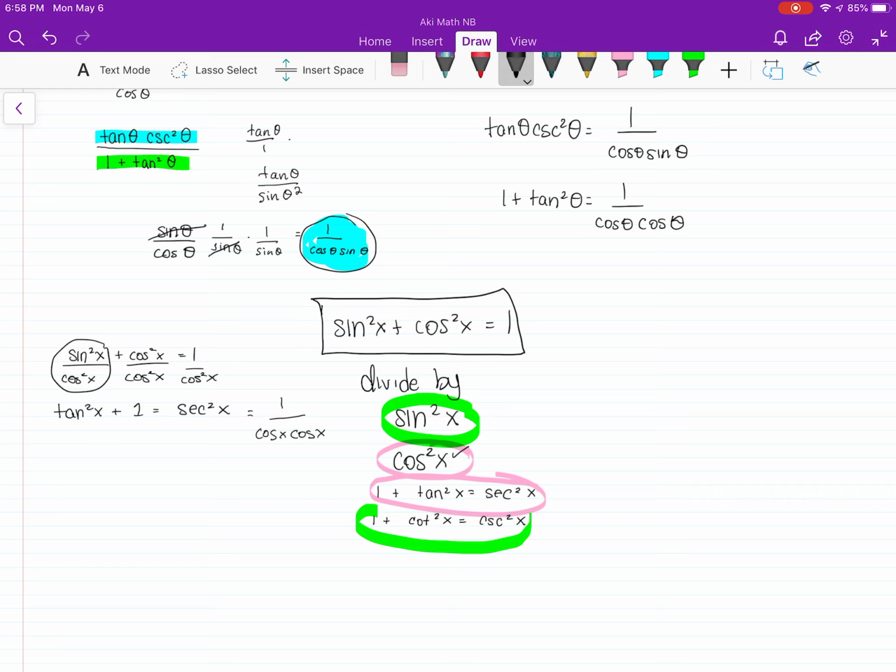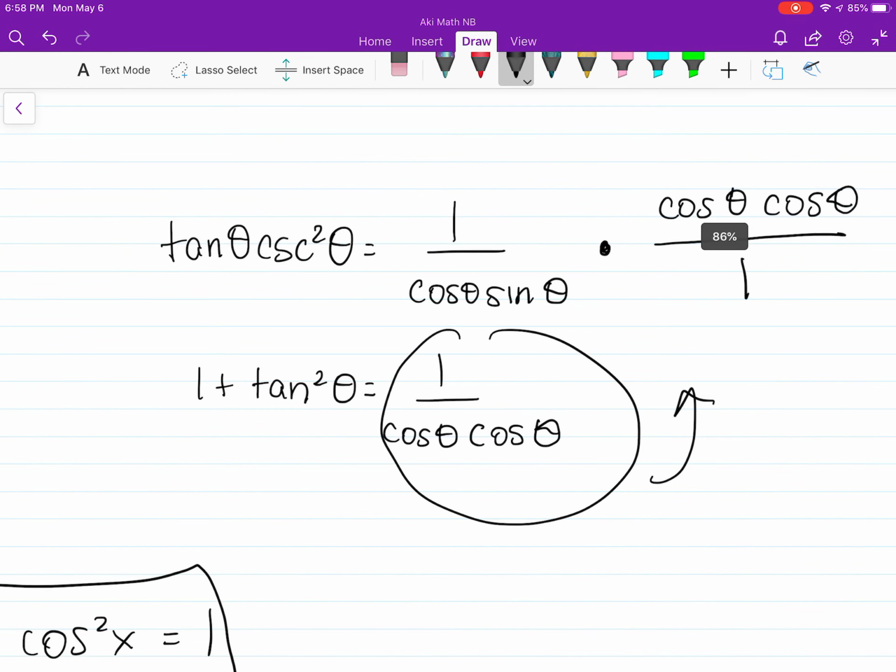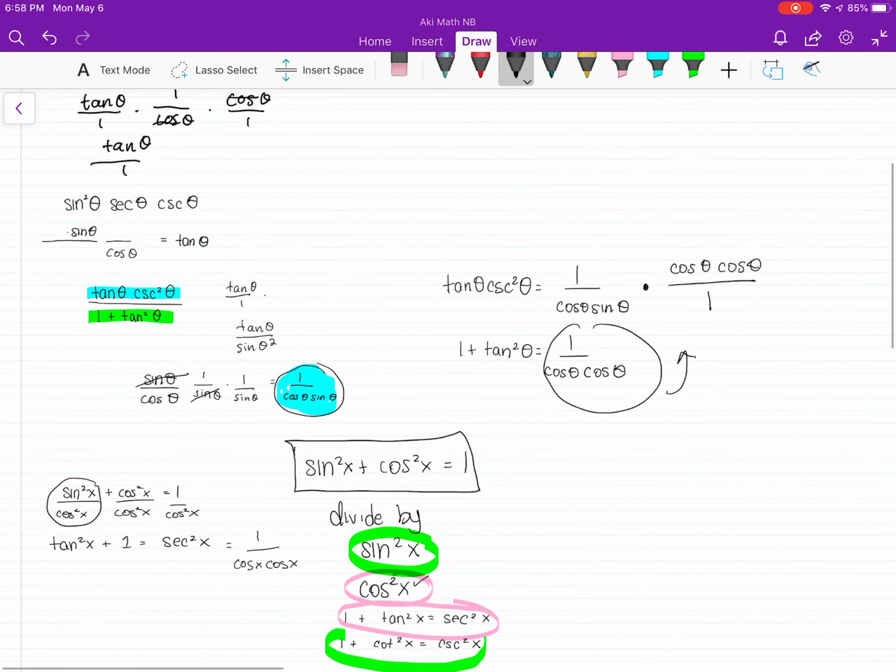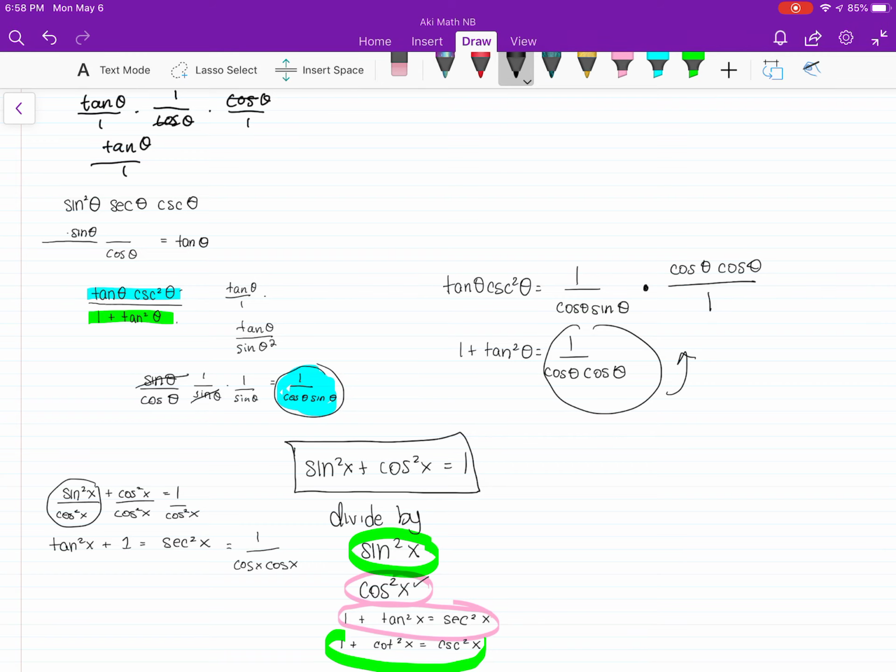So we're dividing these two. So it's keep, change to multiplication, and take the reciprocal of this fraction. And we get to this. So that's what we get when I'm dividing this term by that term.